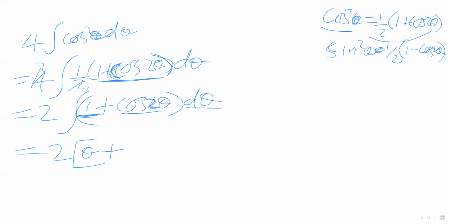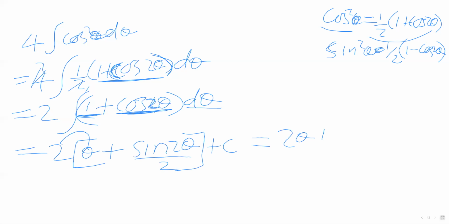Plus, what's the integral of cos 2 theta? It is sine 2 theta, and the 2 drops down. You shouldn't forget that concept. Then plus c. I can expand this, guys. 2 times theta is 2 theta, plus 2 times this, it will cancel that 2. So you only remain with sine 2 theta plus c.